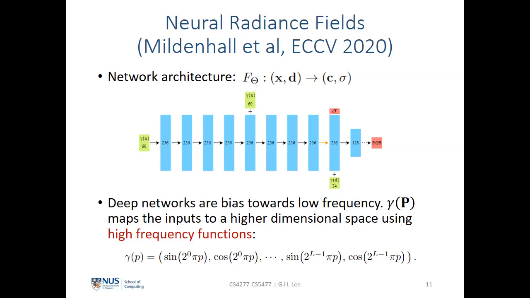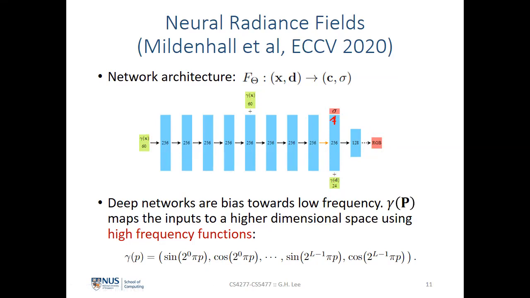So what happens here is that the network will directly output sigma from X alone. And then for the RGB value, you would have to add a direction to it, because it differs from different viewpoints.